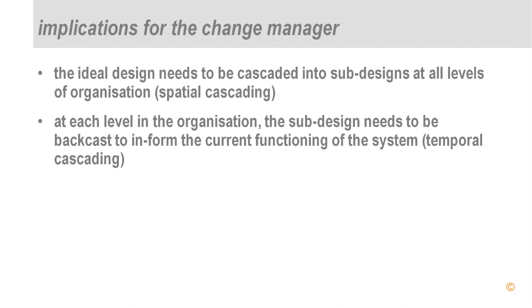And this involves temporal cascading. So the change manager must facilitate spatial cascading first, and then must ensure that at each level the ideal is actually entrenched through temporal cascading.